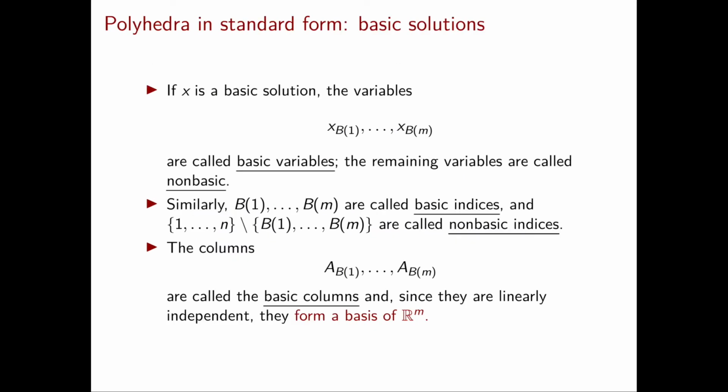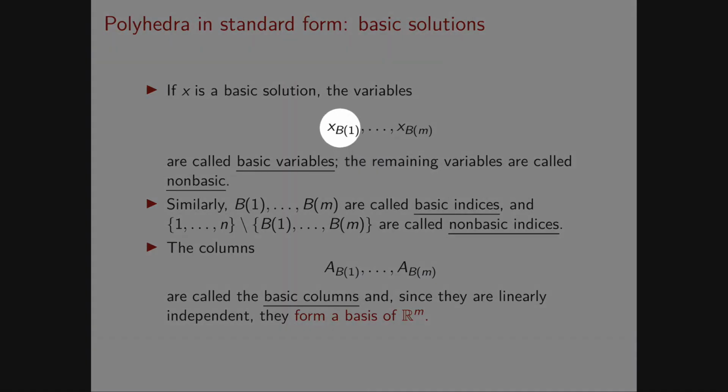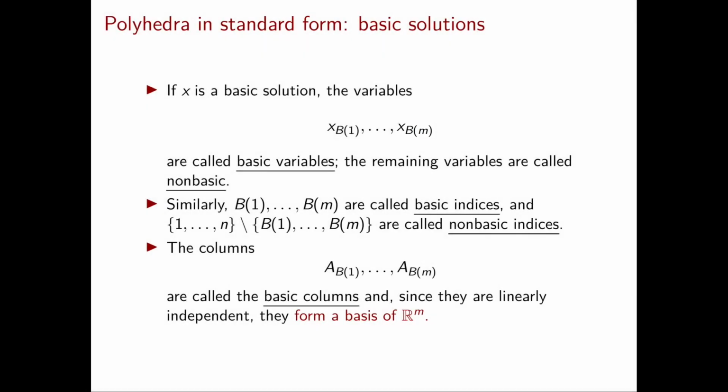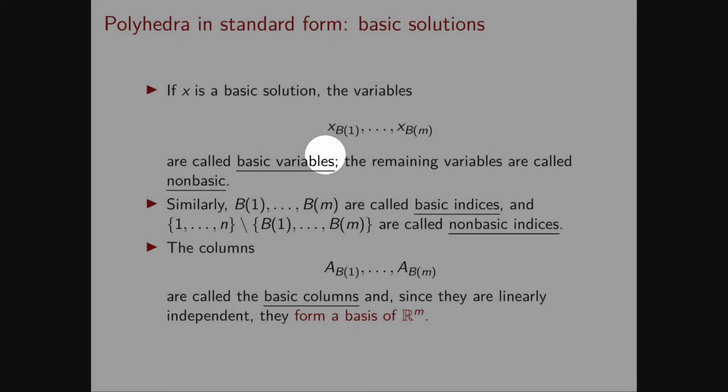Now, the theorem 2.4 that we have just seen will play a fundamental role throughout Chapter 2 and Chapter 3. So what I want to do now is introduce some notation that will allow me to talk about it very easily. The first thing I want to do is give a name to the variables xb1 until xbm. And these will be called the basic variables.